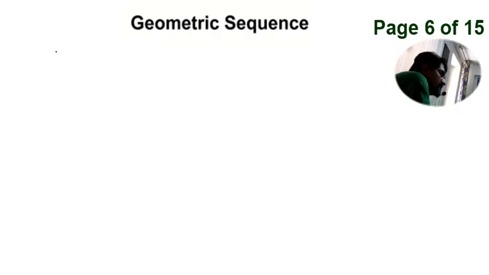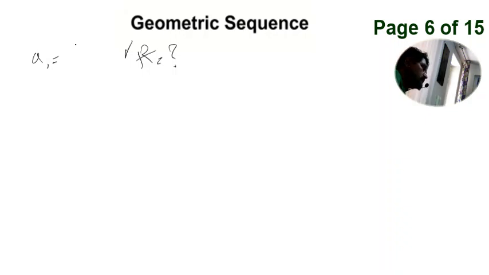Geometric sequences. In geometric sequence we have the A1 and ratio r. Each element is r multiplied by the previous term.